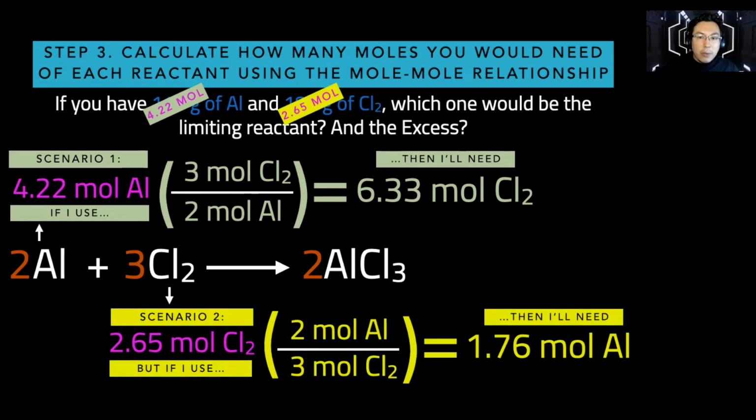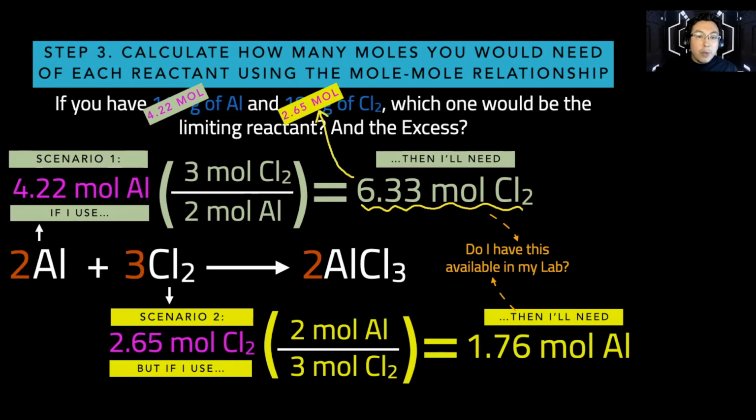So now we can compare and analyze: do I have these amounts in my lab? If your answer is yes, then this amount will become your excess. If the answer is no, this will become your limiting reactant. So let's check it out. If I would need 6.33 moles of chlorine, let's check in our table.